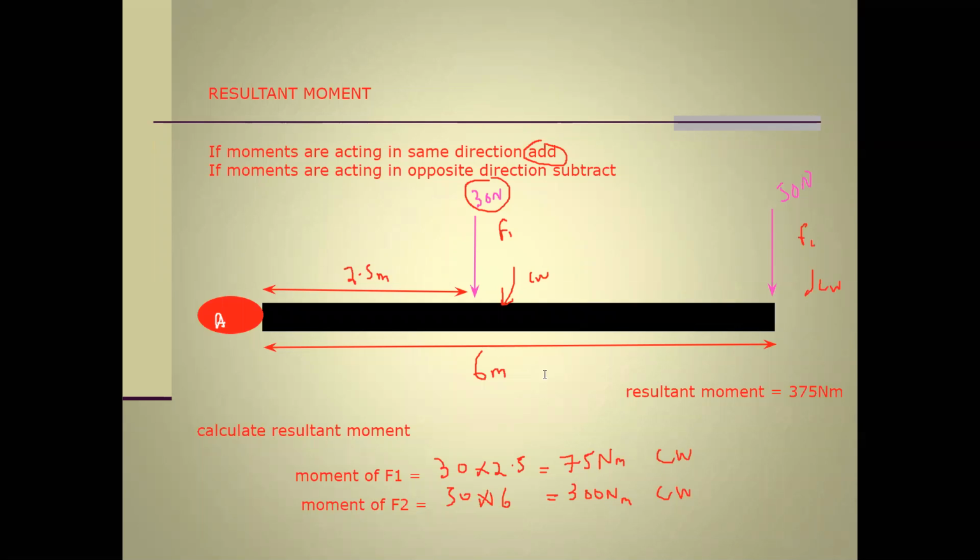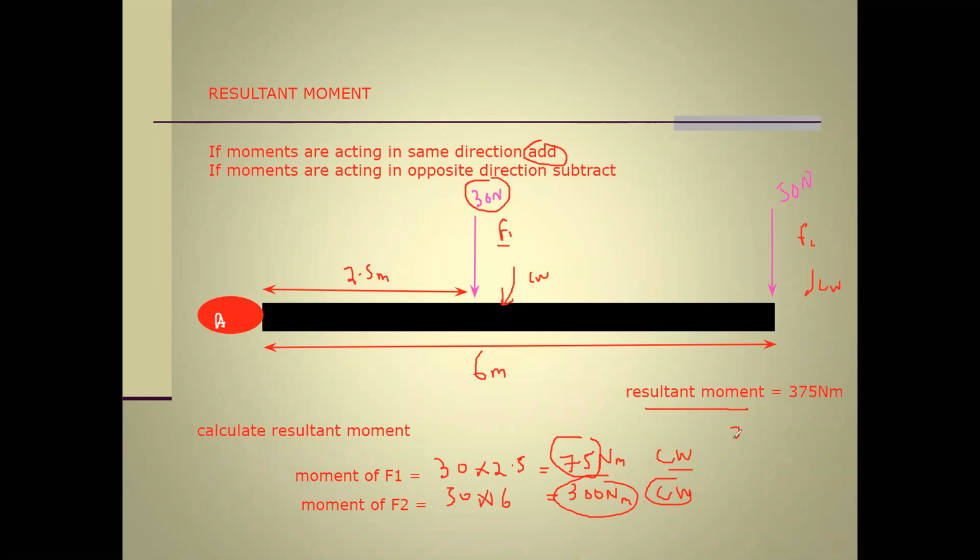Any doubt in this? How is it 375? Because the moment due to the first force is 75, which is clockwise, and the moment due to the second force is 300, that is also clockwise. So if the two moments are acting in the same direction, to get the resultant we will add.